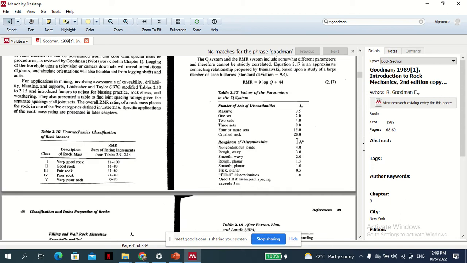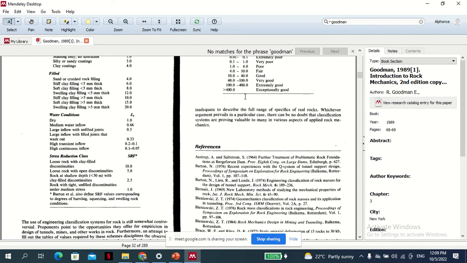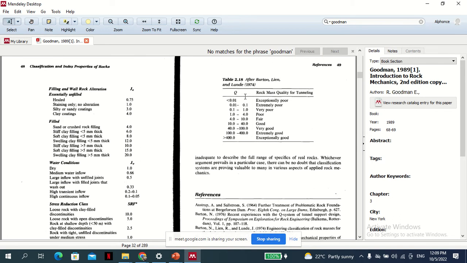So at the end of the day, the Q system is a little bit wider than the RMR, because RMR rates between 0 to 100. The Q system rates between 0.01 to 1000 and is on a log scale, and the reason for this is because the variations in the nature and strength of rock can be as varied as you can imagine. So this is to take care of very minuscule differences. So this is the basis.